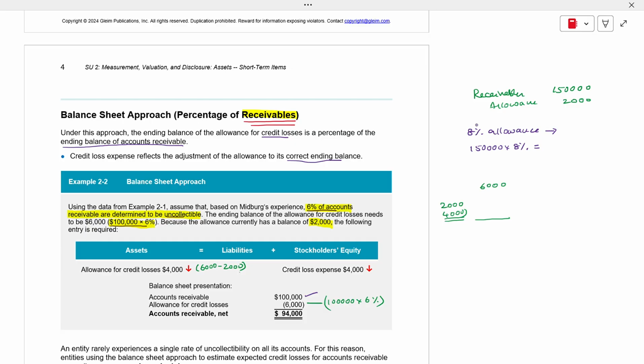It will be 12,000. Already how much do we have? 2,000. How much are you creating new? 10,000. We are creating 10,000. But if you are showing it in the balance sheet, how much will show? 150,000 minus how much? It will show 12,000. Are you clear about this?